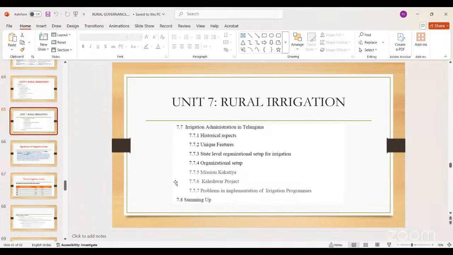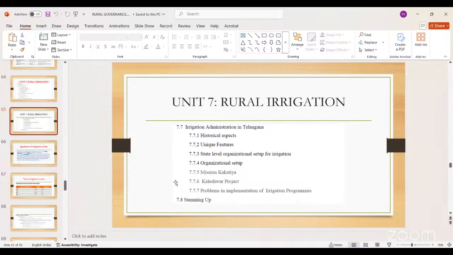In order to overcome this problem, farmers resorted to digging bore wells. Now what will happen? These bore wells also started drying up due to further depletion of groundwater. So it was under such a situation that the Mission Kakatiya program was started.